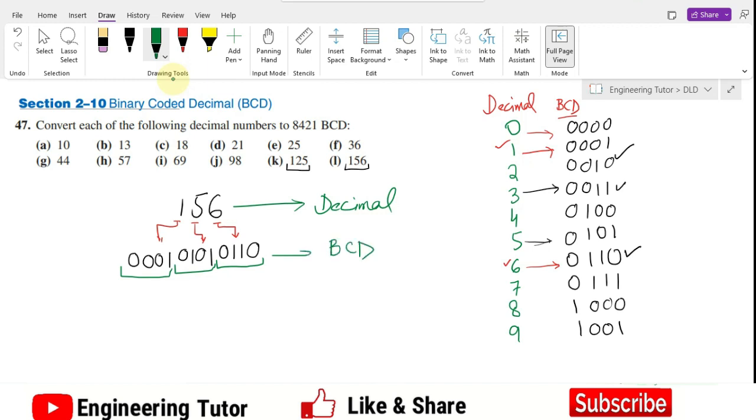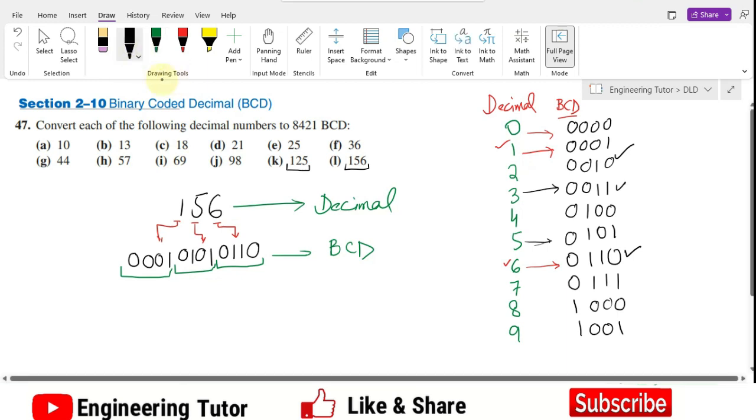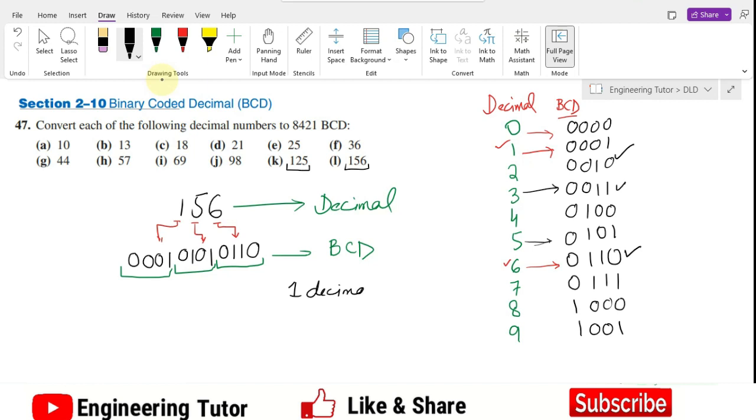A similar approach will be used for numbers with more digits, and in those numbers we can see that every decimal digit is converted to the equivalent 4-bit BCD. So if you have 5 digits of a decimal number, that would be 4 multiplied by 5, 20 bits of BCD, and so on.